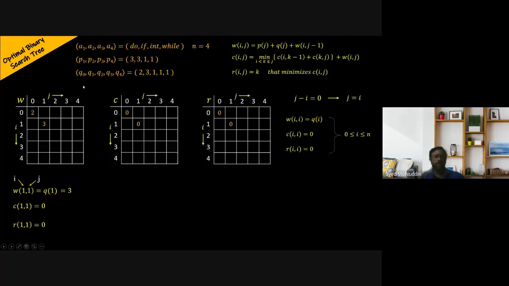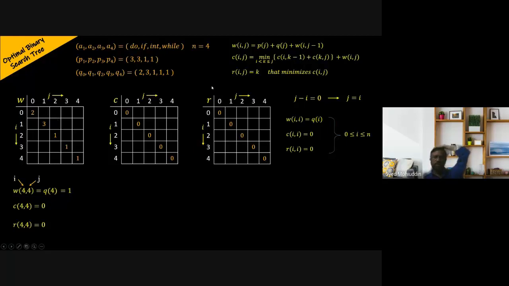Its weight will be 2, that is the probability of unsuccessful search. Because there is nothing now, all the values in the diagonal of C will be 0. This is the initialization part. All the values of root will also be 0, because there is no root right now.